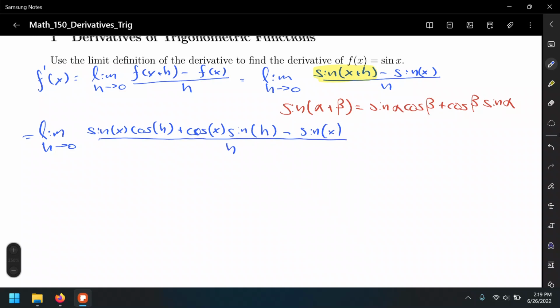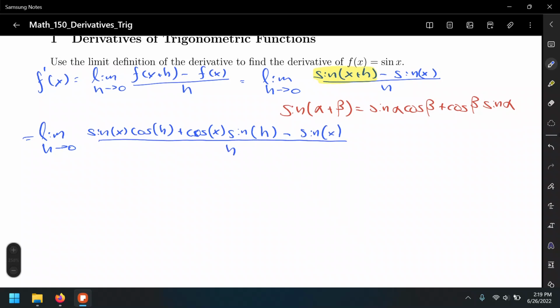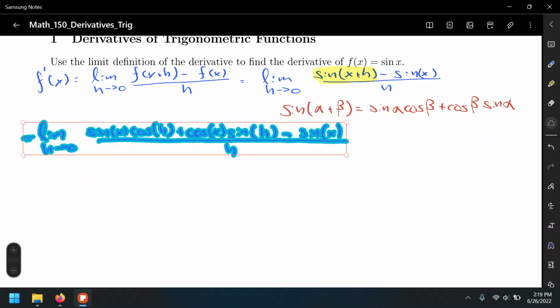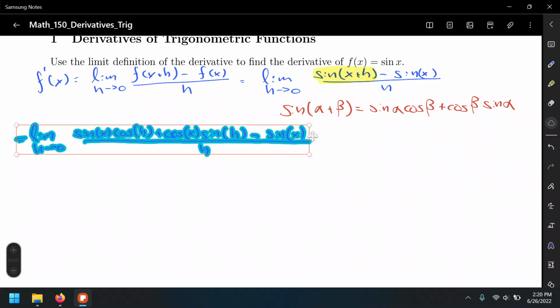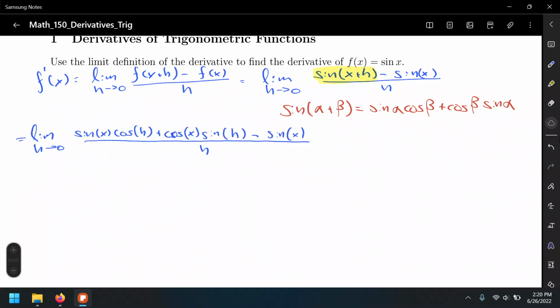Let's simplify this expression right here. Let me make some space over here, and make this a little bit smaller. So this is what my strategy will be about.